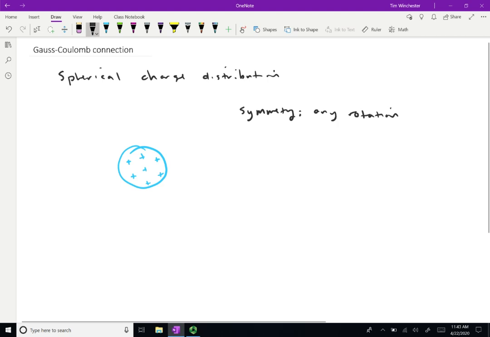And so if we imagine that there was any non-radial component to the electric field at all, something kind of like this, well, as you rotate around some axis that goes through that center, that would change. And it's not allowed to change. So that tells us that only radial components are allowed.